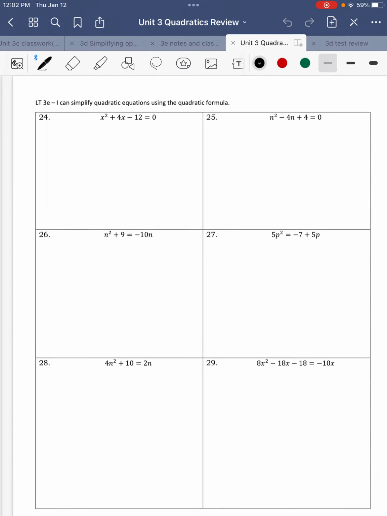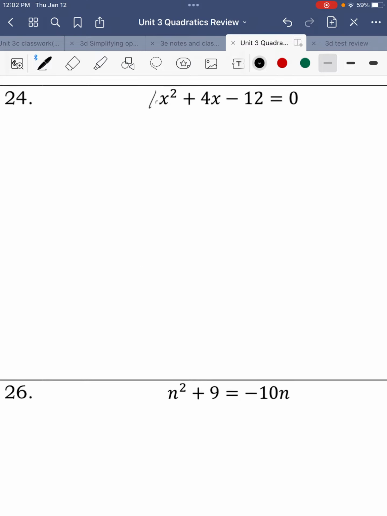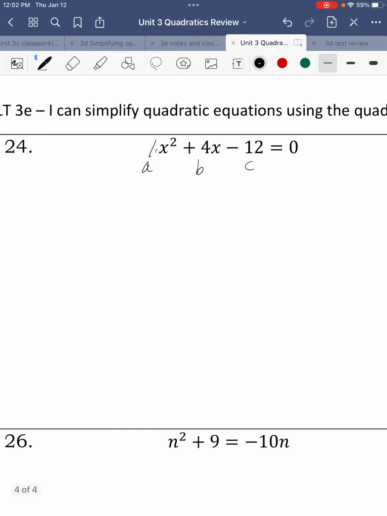Okay, so that's 3D. Now 3E incorporates the quadratic formula. So you have to know your A, B, and C. Remember, this equation always has to equal 0 prior to knowing your A, B, and C. So A is 1, B is positive 4, and C is negative 12.